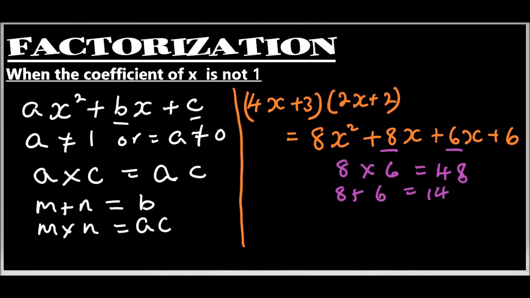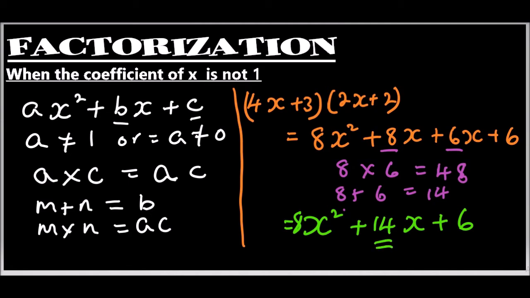Let's see what we get as the final product: 8x squared plus 14x plus 6. So these two numbers have helped us to expand. 8 multiplied by 6 is 48, and 8 plus 6 is 14, which we have obtained here.